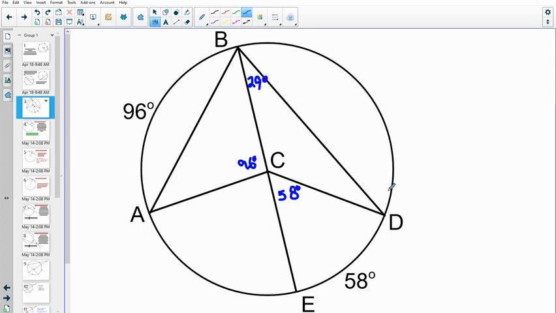All right. Then we've got all kinds of facts about triangles, including the fact that if this is a triangle that's inscribed in a circle, if this point is the center, that means segment BC is a radius, and so is segment CD, which means that triangle BCD is an isosceles triangle, which means if angle CBD is 29 degrees, then angle BDC must also be 29 degrees. And then if I've got two angles of a triangle, I could find the third angle of this triangle.